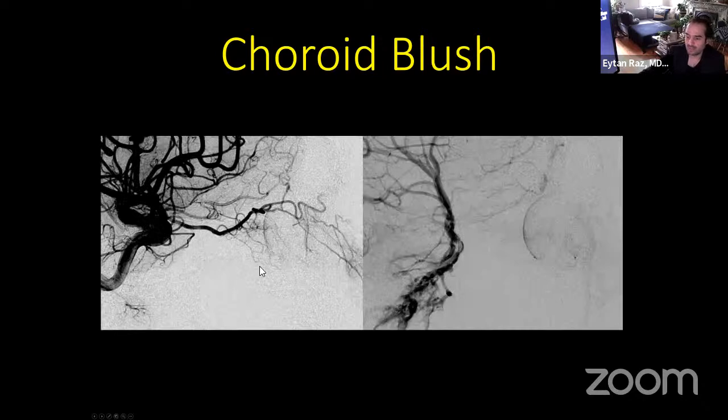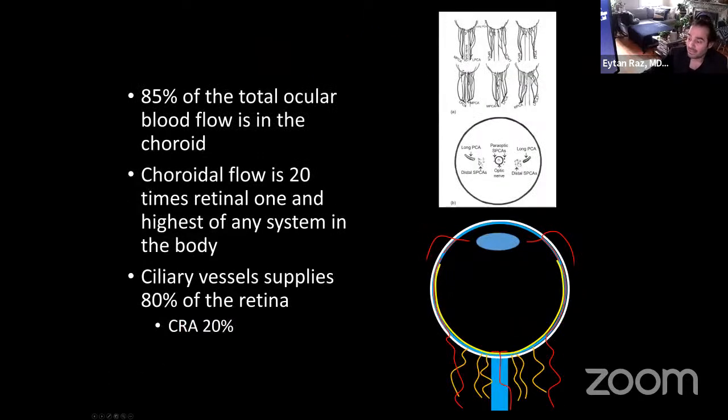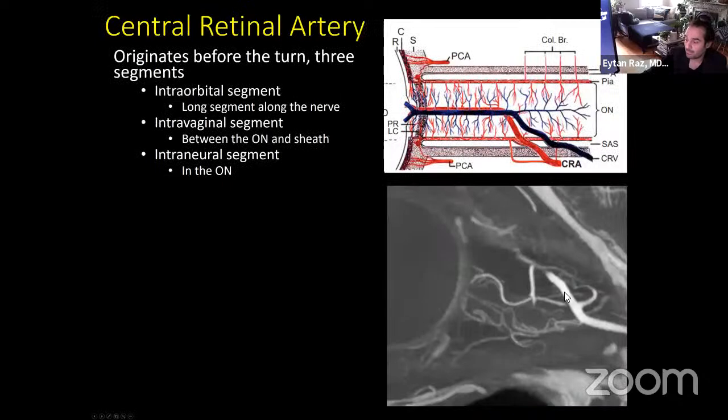And we know that from 2D imaging you see the choroid blush very well, but we know the choroid blush comes mostly from the ciliary vessels, not much from the central retinal artery. Now, can you identify the central retinal artery here? It's very hard. DynaCT is not done for this purpose, it's done for other purposes, but the orbit is in the field of view, so you can work on it and play with it and understand.